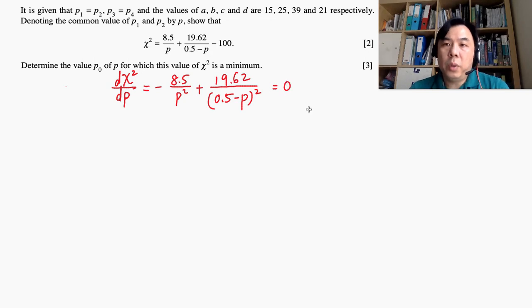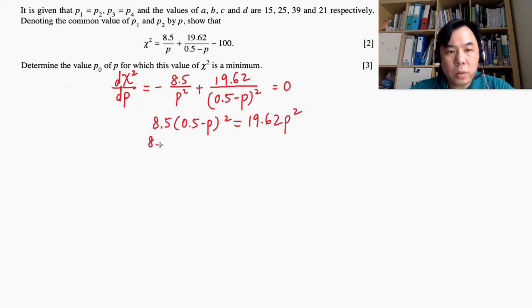This is where we are going to apply the conditions of a stationary point to obtain the minimum value for chi-square. Right? So from here itself, you can actually simplify that. Okay, it's a huge number to simplify here, but I'm going to just rewrite that in such a way that will be 19.62 p square here, right? And then of course you can expand that.